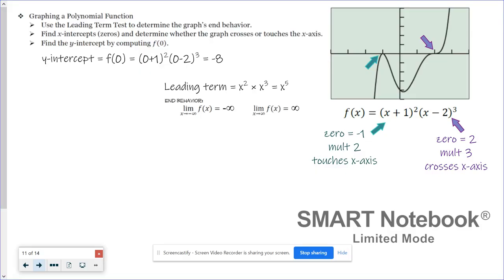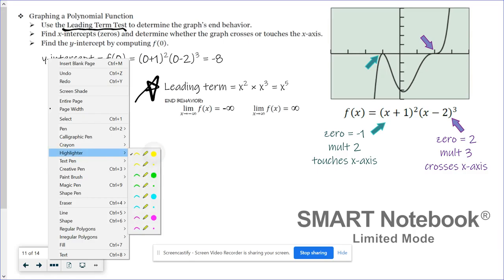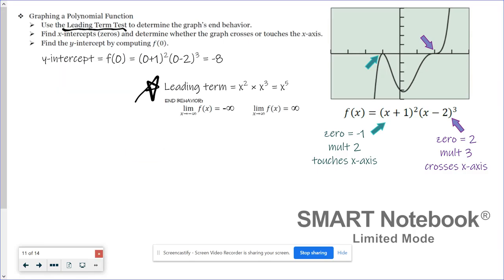End behavior. We can use the leading term test to determine end behavior. The leading term is the term with the largest exponent when it's written in standard expanded form. When it's written in factored form, I need to figure out what the leading term is. So I did that here. When it's in factored form, I ask what's the leading term of each factor.